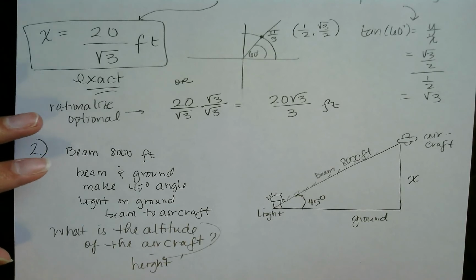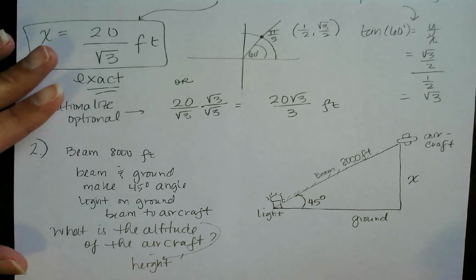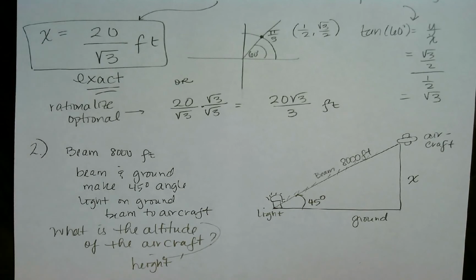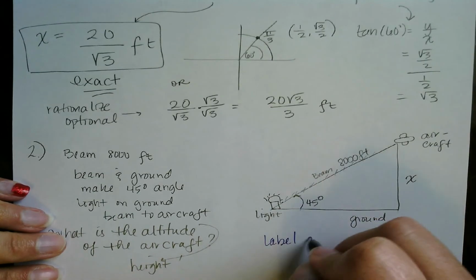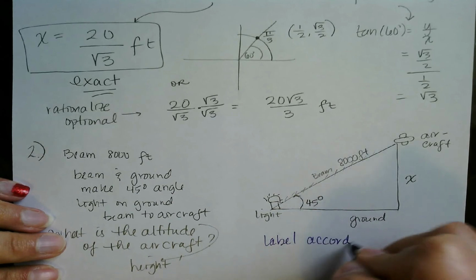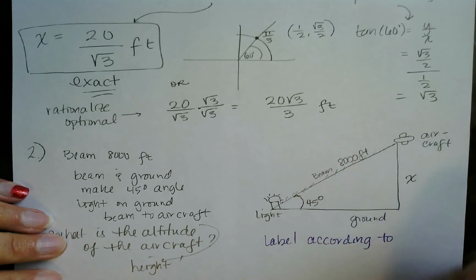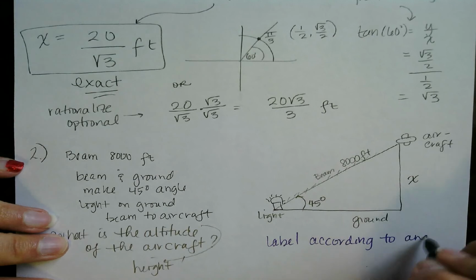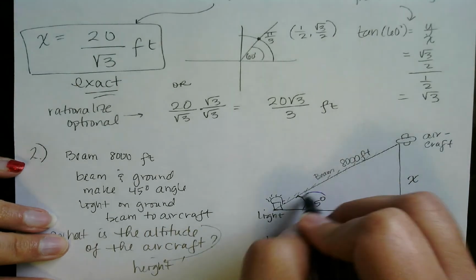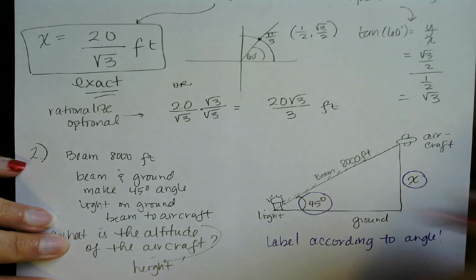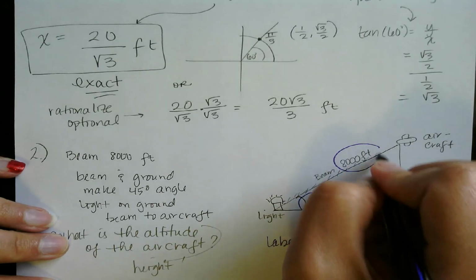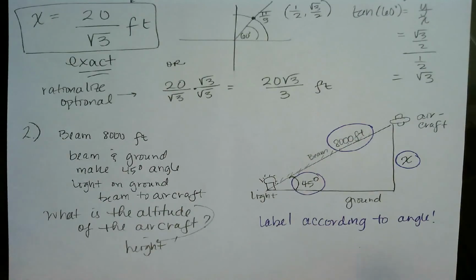Alright, now we're going to label. So again, label according to angle. So we're going to use this 45-degree angle. We have to use the x because that's what we're looking for. And the only other number we have is 8,000. Okay.